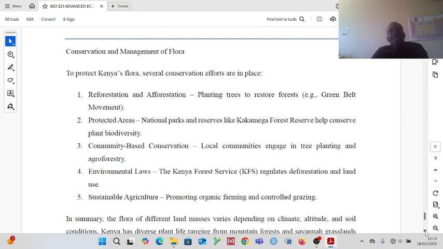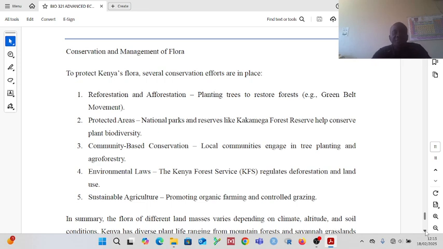We've seen how the human activities can threaten the presence of this flora. The conservation efforts and the management of this flora are key because we rely on the flora. We as animals, we rely on plants. So we need these plants to be conserved, the plant resources to be conserved and managed sustainably so that we can continually derive benefit from them.